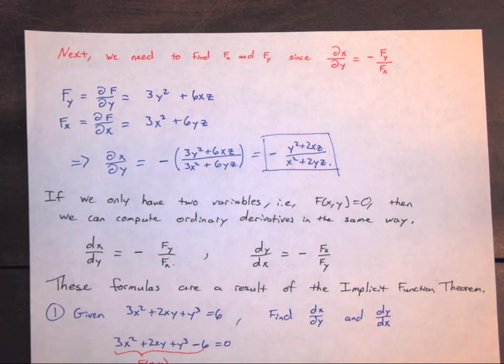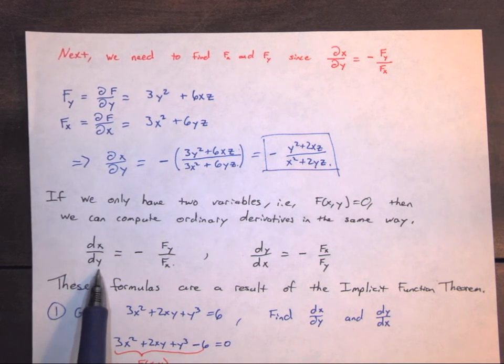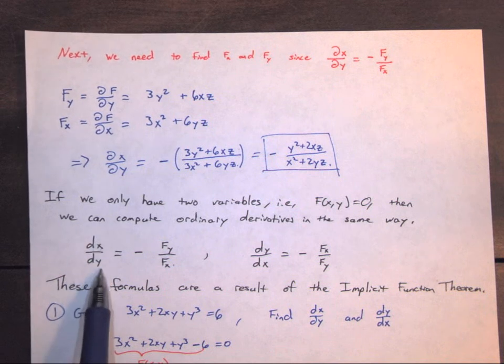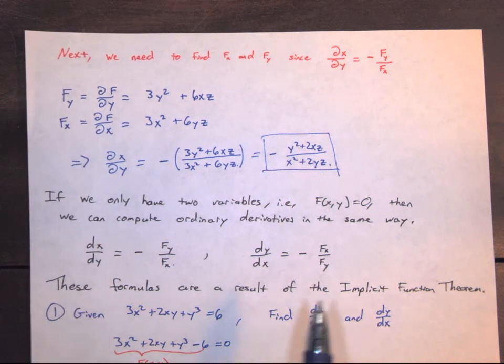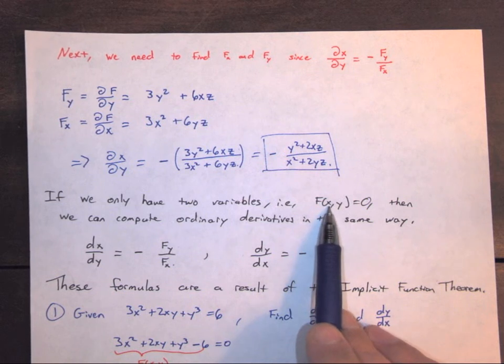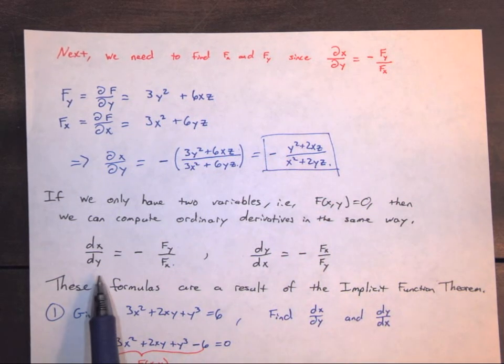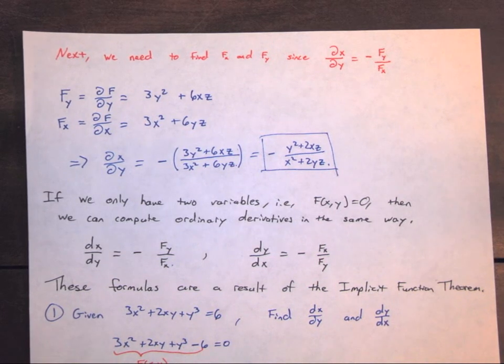Now, why the difference? Well, what we're doing when we define these variables implicitly is when I look at this, I'm saying, okay, I want to take a derivative of x with respect to y. I'm thinking that x is some function of y. Since I only have two variables, if I think of one variable as a function of the other variable, there's only one variable I can take derivatives with respect to.